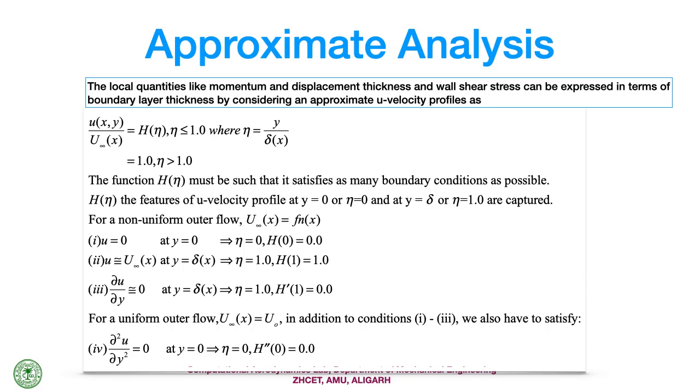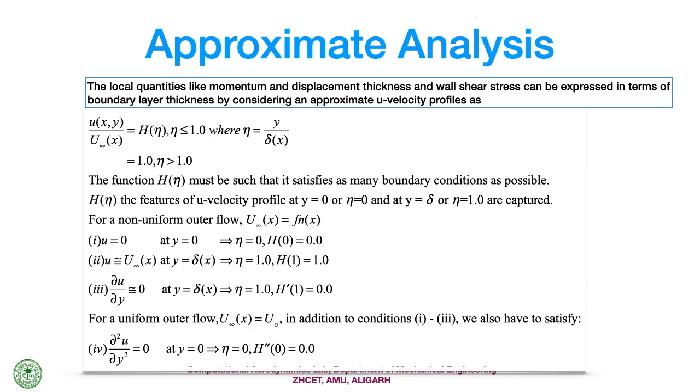So at eta equal to 1, h of 1 must be equal to 1. Third, the velocity gradient must vanish at y equal to delta. So at eta equal to 1, h prime of 1 should be equal to 0.